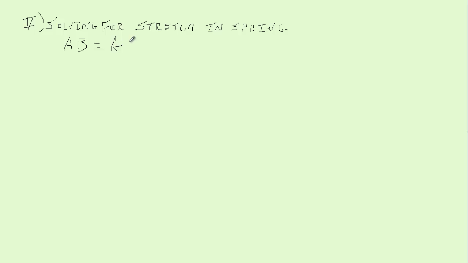What we still don't know is the stretch in the spring. So that's what we're going to solve for last. And as you recall, F equals K times S. The force here is AB, so that equals lowercase k, the spring constant, times S, which is the stretch of the spring.